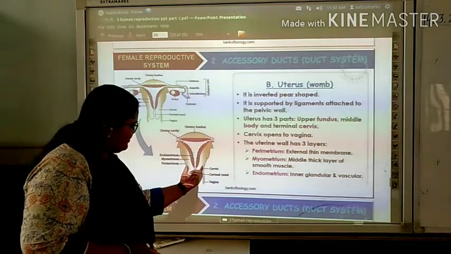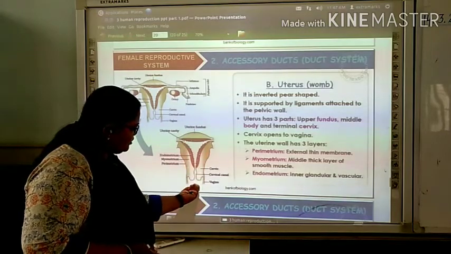The cervix is the narrower part, which opens into the vagina region.